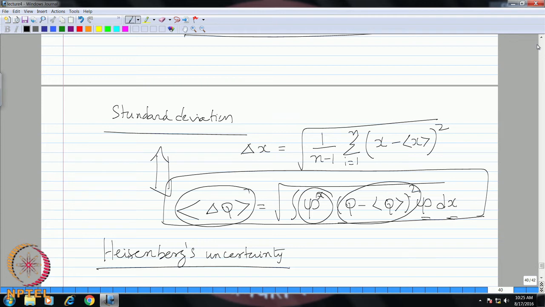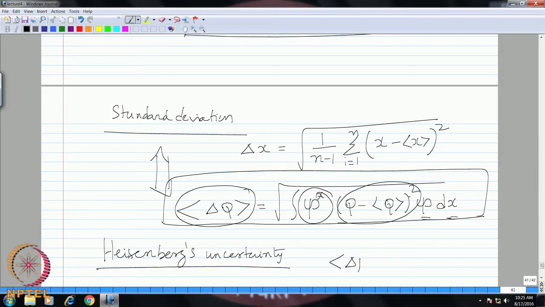There is an uncertainty associated with its location, or if you say that it is located exactly here, that means there is a problem with the momentum. So, in general it says that the expected value of uncertainty in momentum multiplied with the expected value of uncertainty in position should always be greater than or equal to modified Planck's constant by 2.